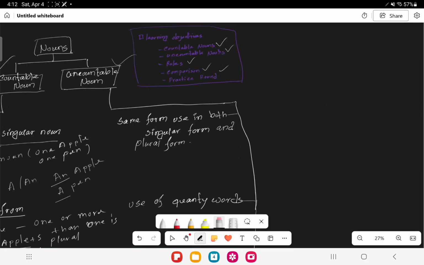Now let's move on to the uncountable noun. When we do uncountable noun, we cannot use a singular form or plural form for it. Like you cannot say 1 water, or you cannot say 10 water. There is no singular form or plural form.